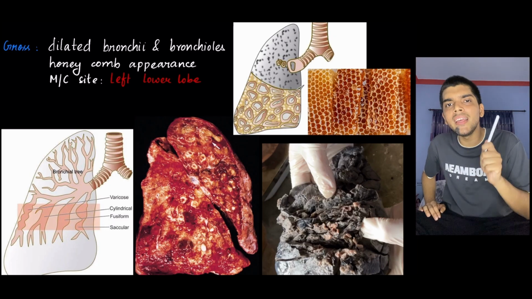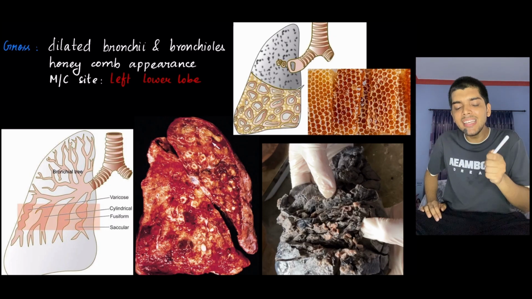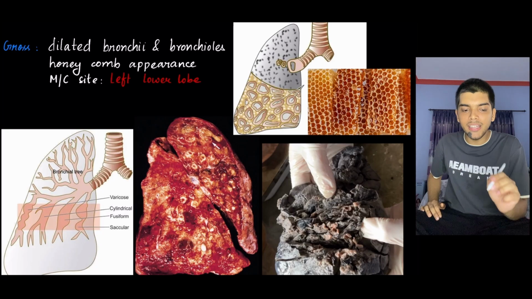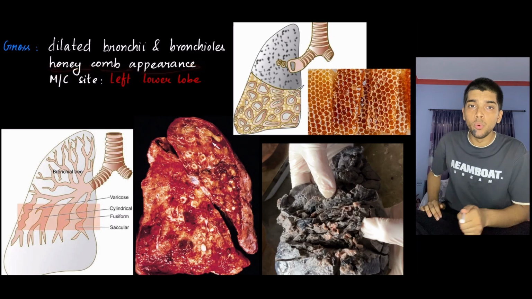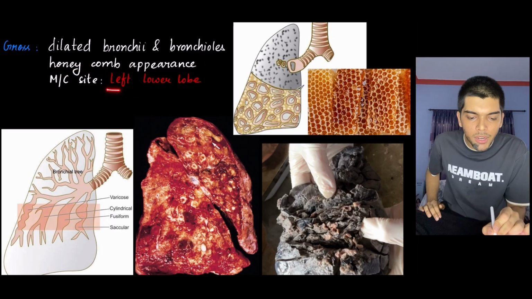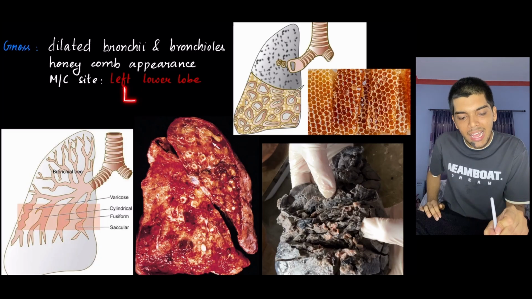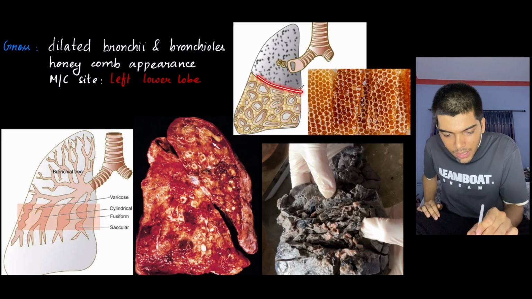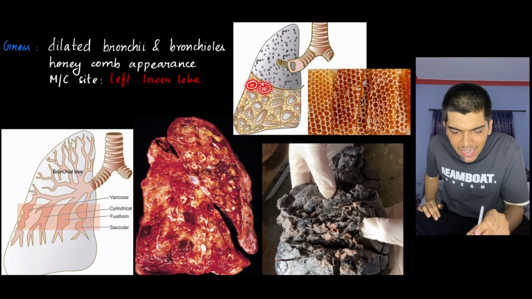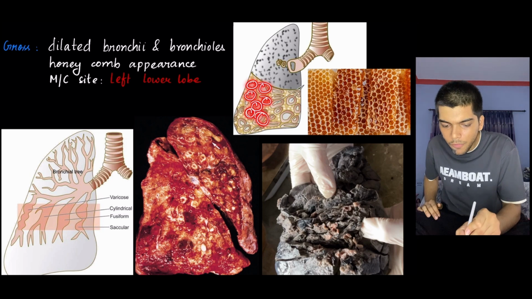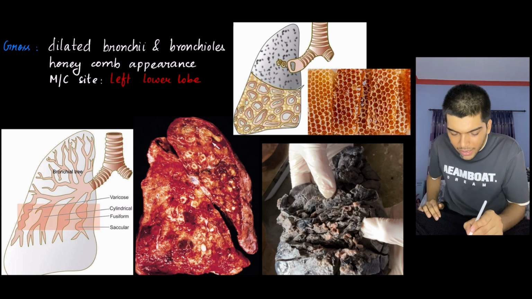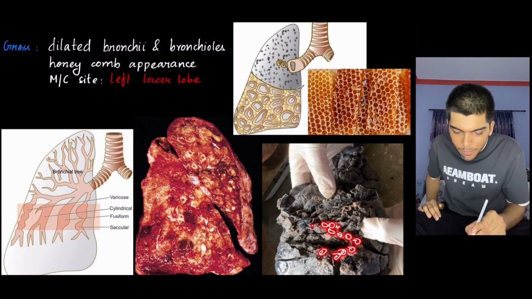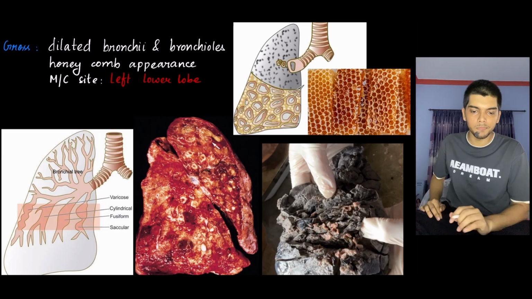But the important thing that you need to know is that these dilatations give off a peculiar appearance, the honeycomb appearance, which is most commonly seen in the left lower lobe. You can see right here, there are many dilated bronchi and bronchioles, and they give off the honeycomb appearance. You can see right here as well.